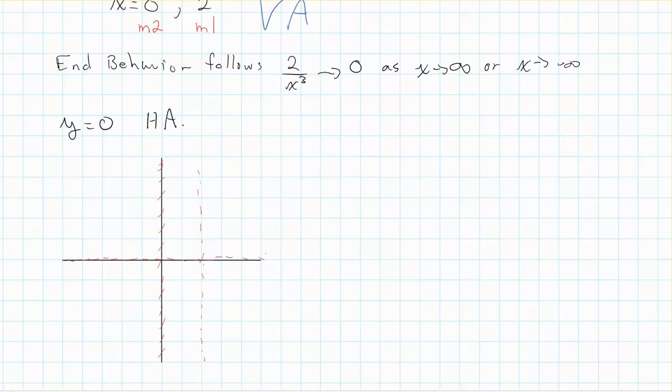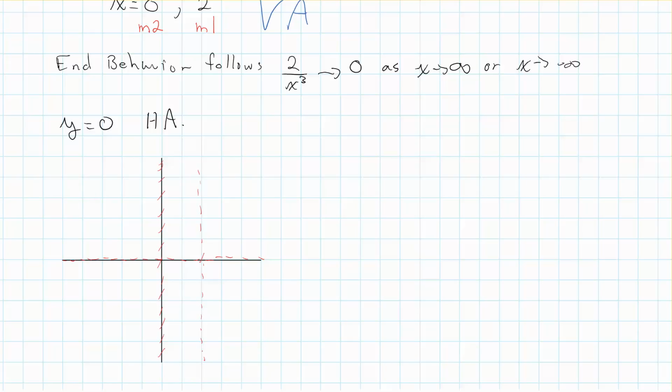So now I literally have no points, so I am going to have to plug in some points to find some things out here. So let's go ahead and start with some of the negative ones. So let's start with x equals -1.